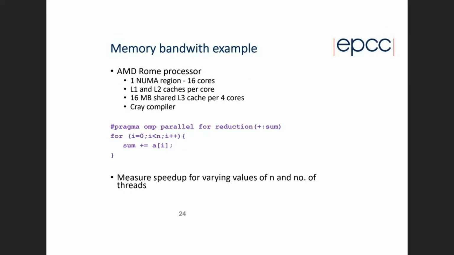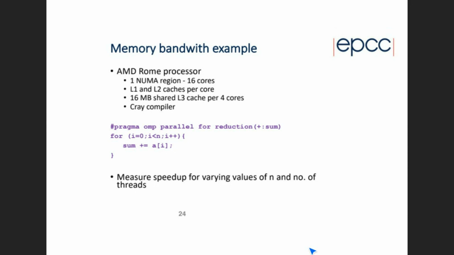I'll try not to bombard you with too much data, but I think this is a very instructive example that shows just how severe this problem is, or how big an effect this is in modern hardware. This is some experiments on ARCHER2, the AMD Rome processor.